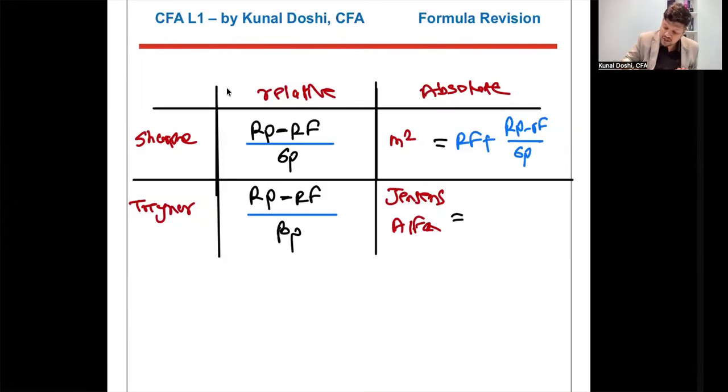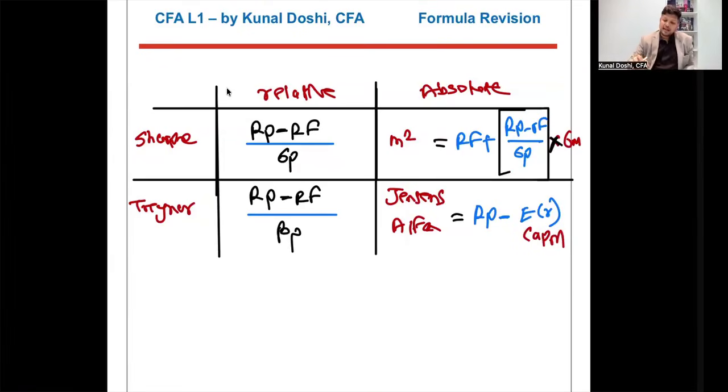This is nothing but the Sharpe ratio times market risk. I will repeat, don't stress on M square. What is needed for M square is important, which we will discuss. But Jensen's alpha is the difference between the portfolio's realized or actual return minus the expected return. And the expected return we use is based on CAPM.